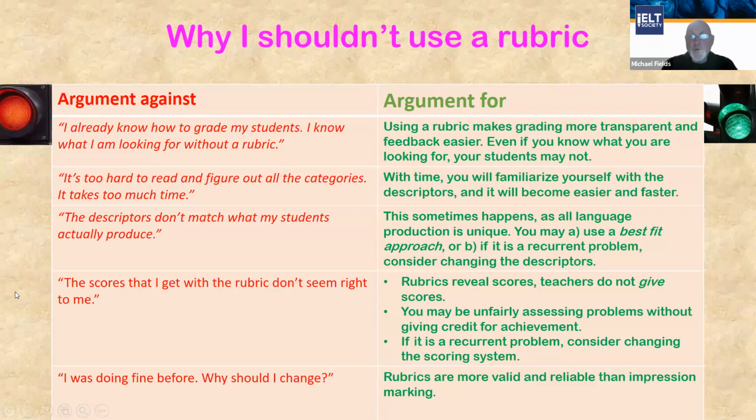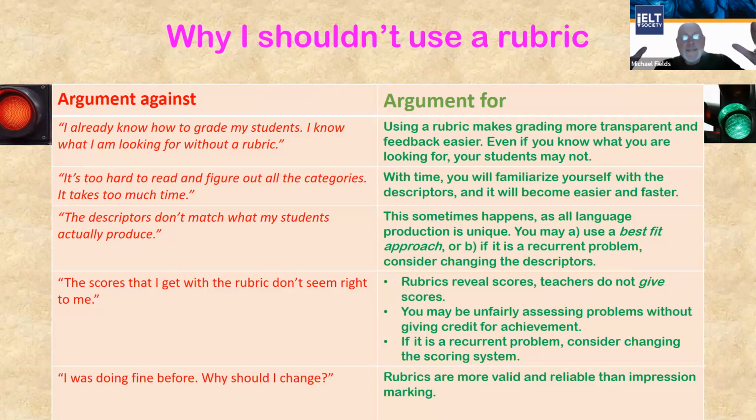The scores that I get with the rubric don't seem right to me. I hear this all the time from teachers who feel that the scores are too high. And I think for me, what that means is that teachers are approaching this from a kind of deficit model, where they're looking for what's wrong in the writing or the speaking, but they're not giving credit to what's right, what the student has done.